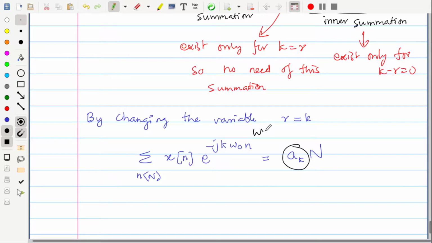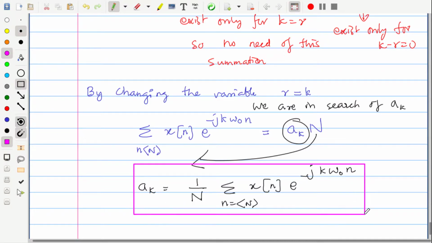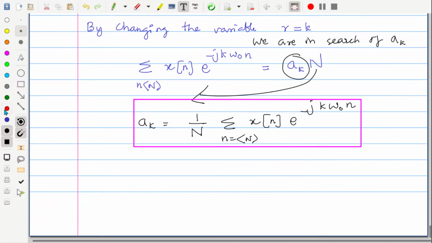Now we are in the process of finding the value for the discrete time Fourier series coefficients ak. Taking the capital N to the LHS of the equation, we get ak is equal to 1 by n summation n within the range capital N x of n into e power minus jk omega 0 n, and this particular equation is known as the analysis equation of DTFS.